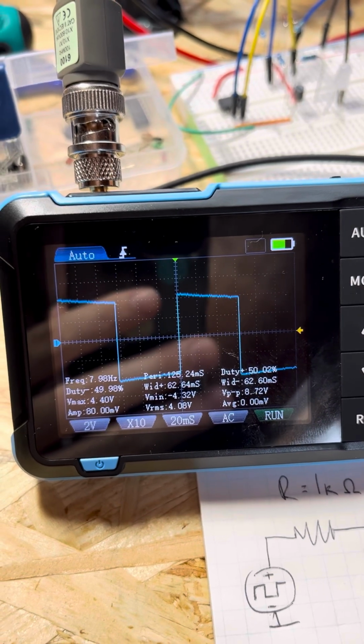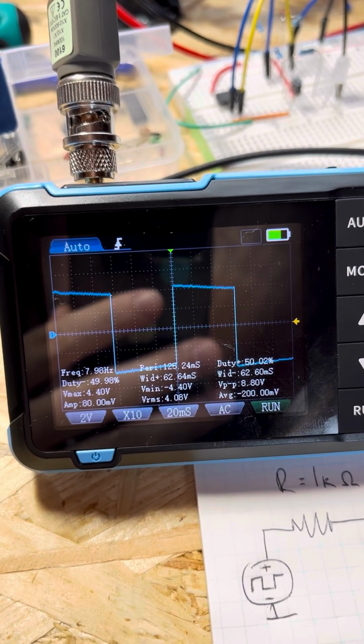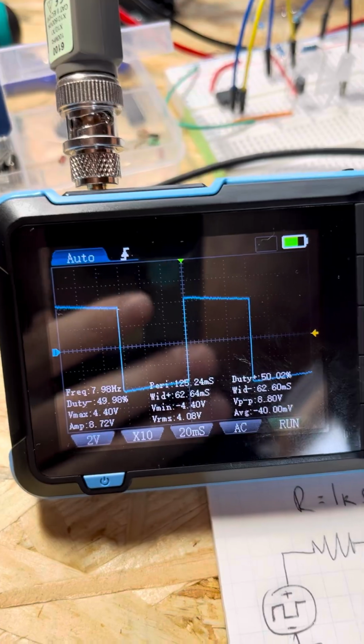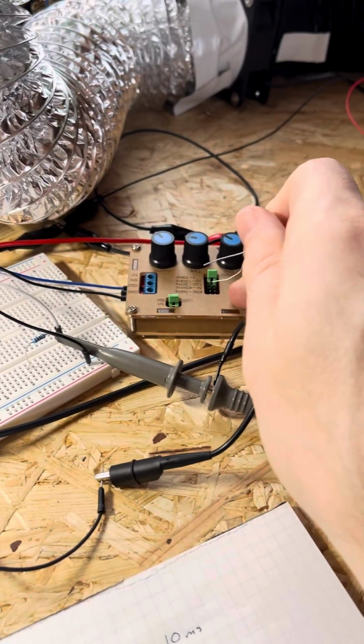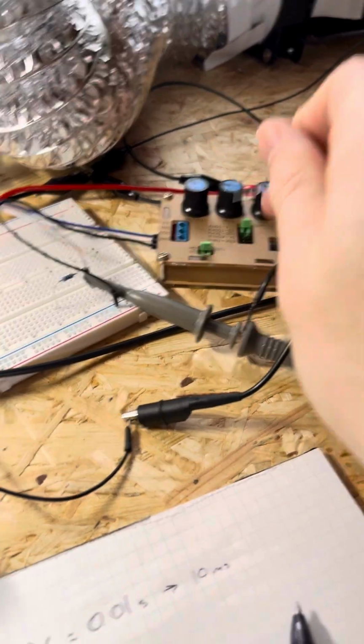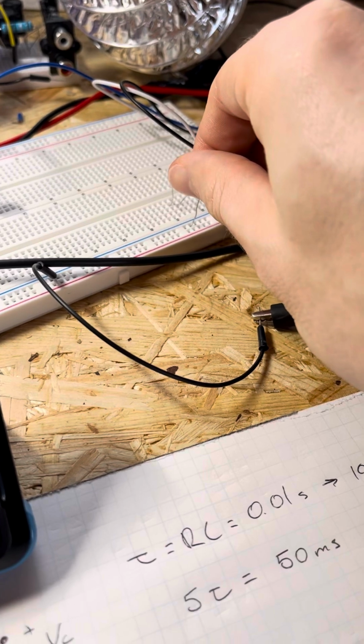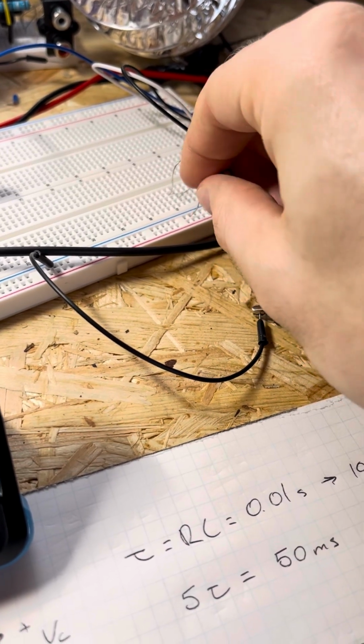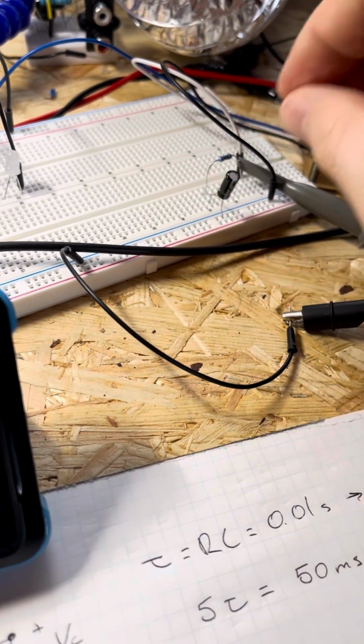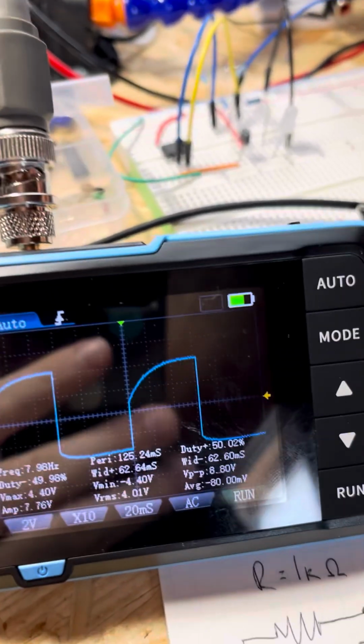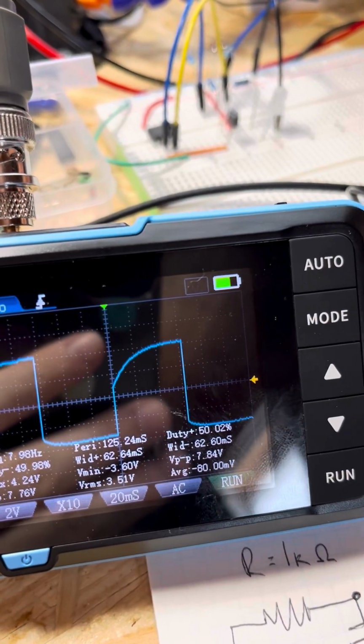Yeah, it's not a perfect square wave, but good enough. Again, this is probably going to affect the accuracy because this is a cheap little thing I bought for 600 yen off the internet, like $4. And so that will affect our accuracy. The fact that the square wave itself is not too accurate, just bear that in mind.